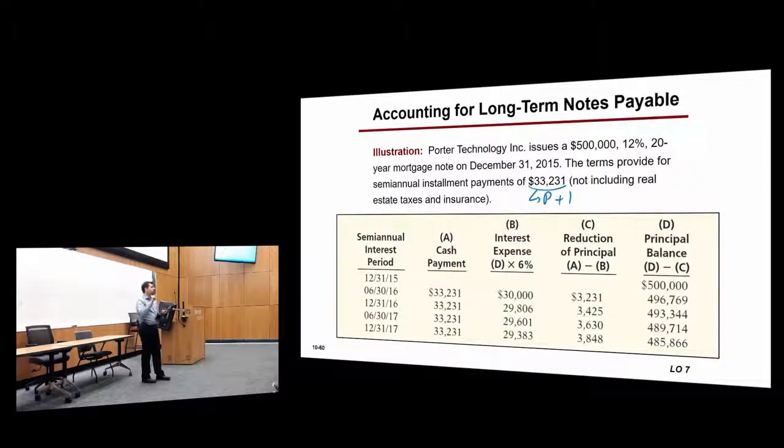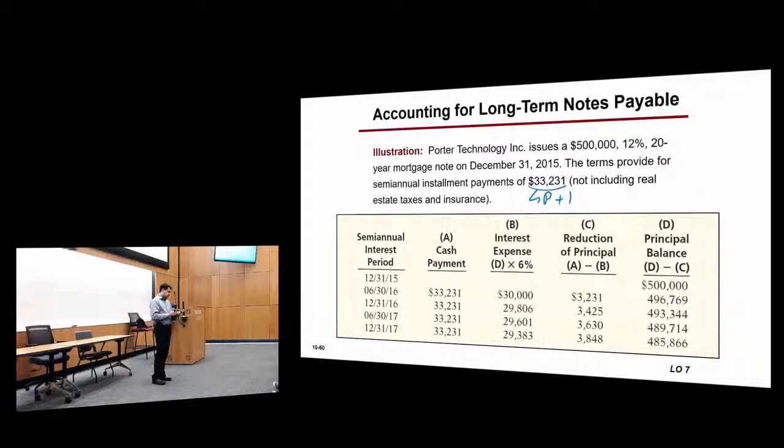The amounts of principal versus interest will change with time. Originally, you start with a very high interest and very little principal. With time, you'll start paying more principal and less interest. How do you calculate that?